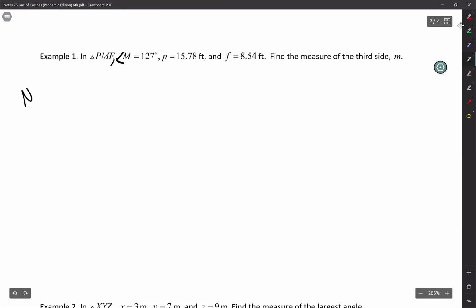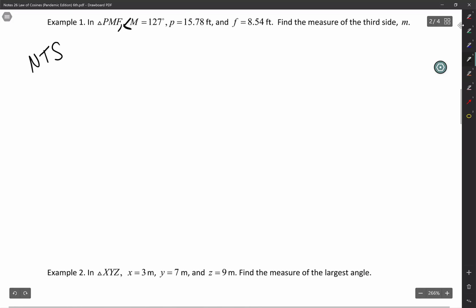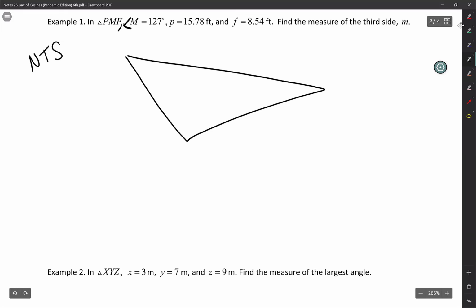Okay, first thing I'm going to do, guys, I'm going to write NTS. It stands for not to scale. And then I'm just going to draw some triangle. That's point P, that's point M, that's point F. Point P creates little p, so this is 15.78 feet.